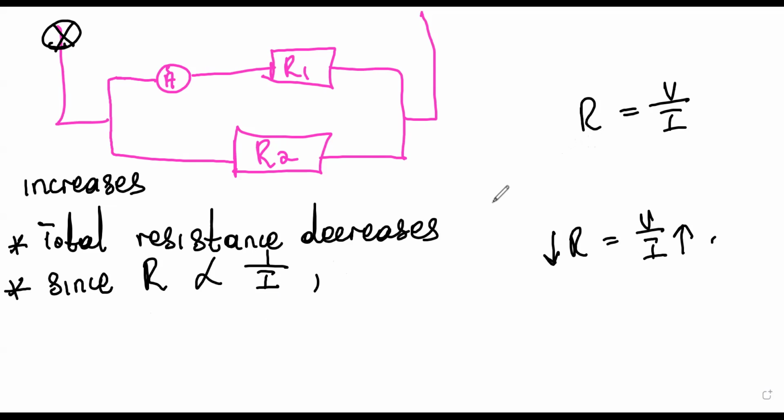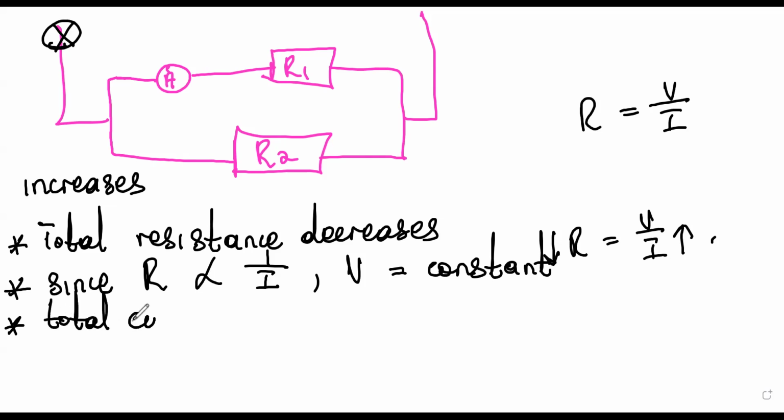So the third one has to be constant. When the potential difference is kept constant, then what is going to happen? Well, the total current will increase. Very important. All right?